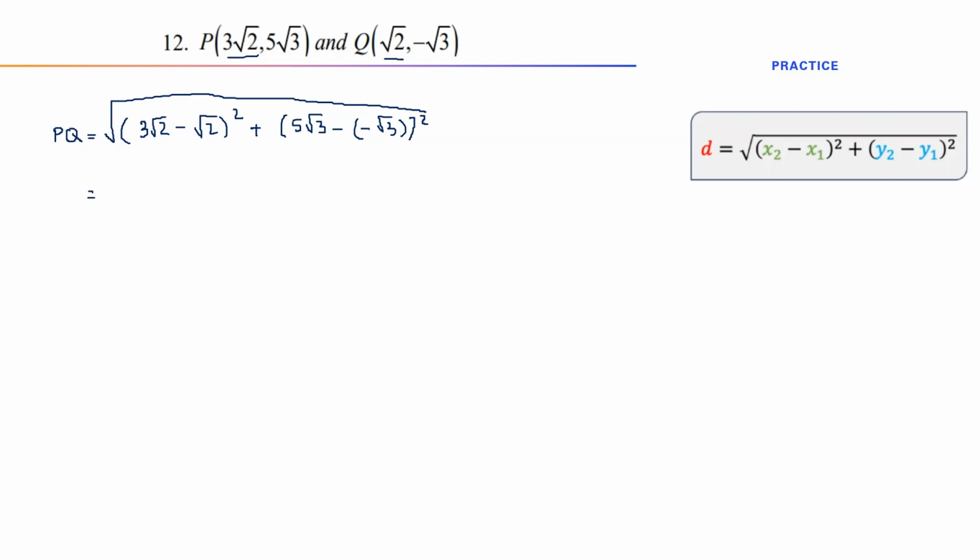That equals (3 square root of 2 plus square root of 2, which is 4 square root of 2) squared plus (5 add 1 is 6 square root of 3) all squared.